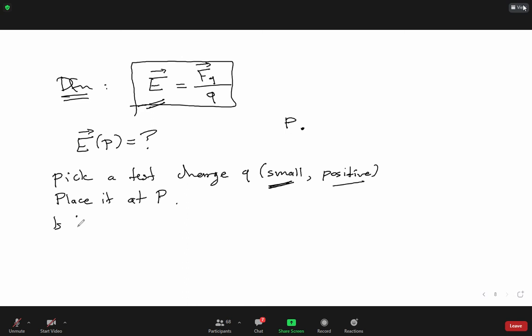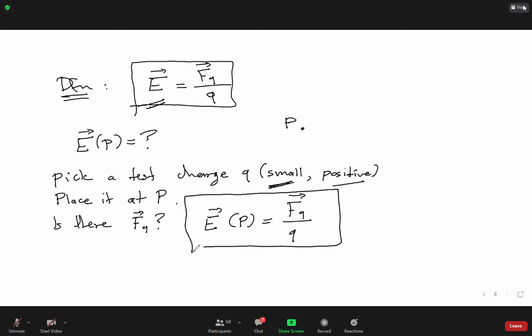Is there a force on little q? Well, if there is one, then the electric field at point P is defined as that force on little q divided by little q, so that we can remove the dependence on our test charge.